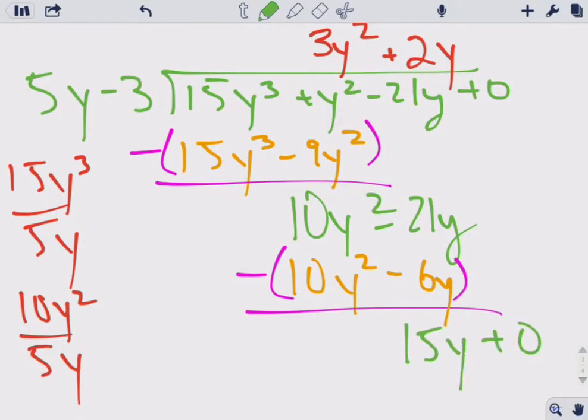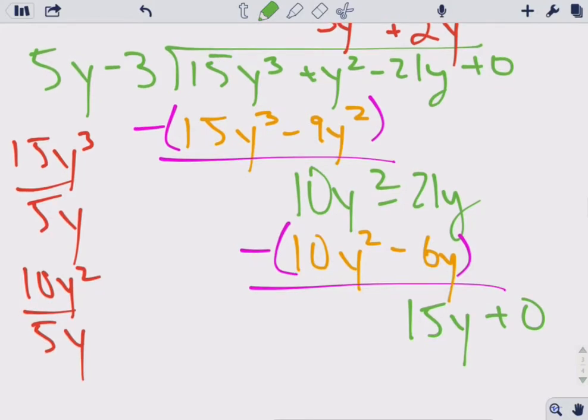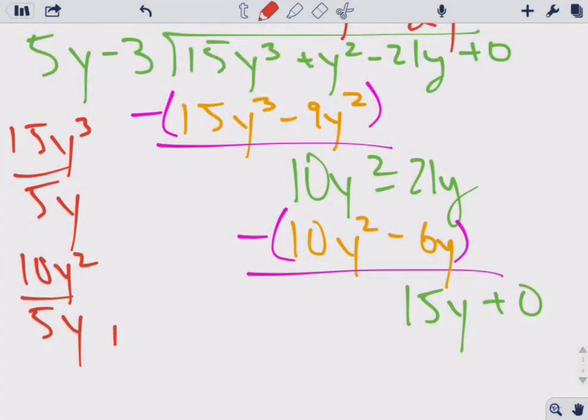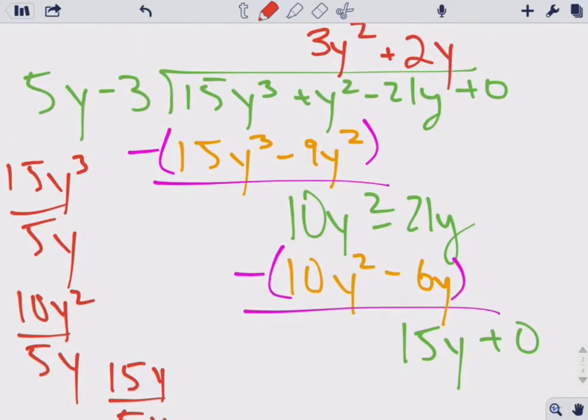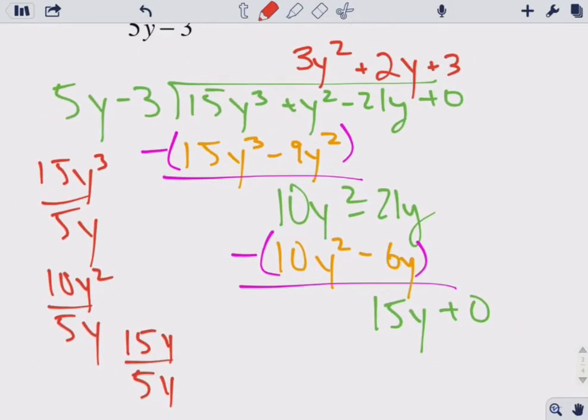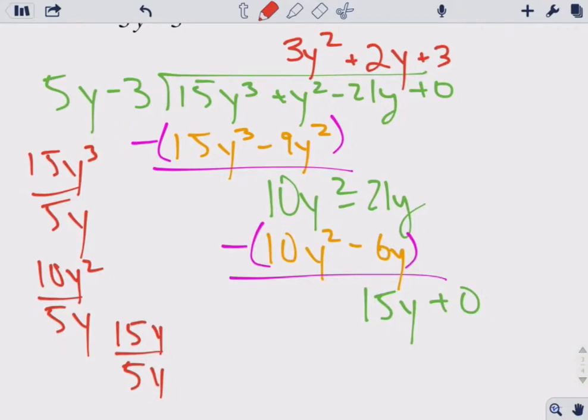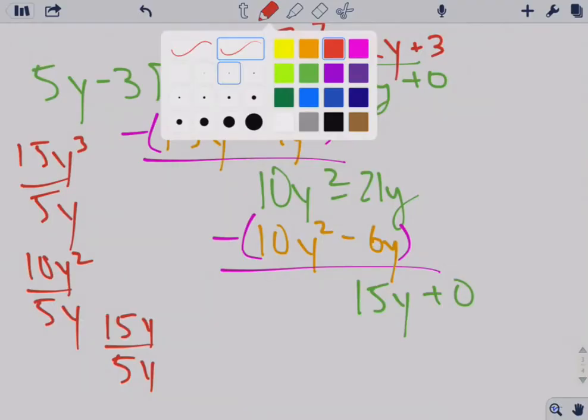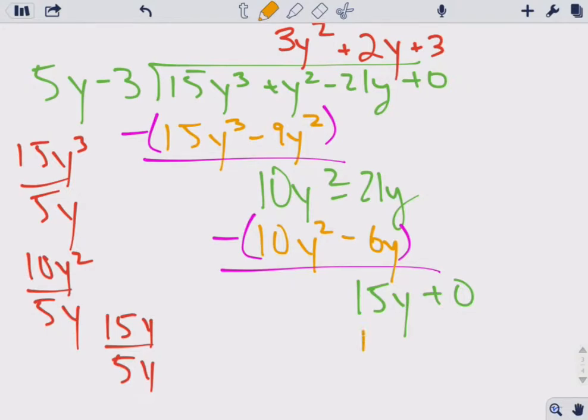Bring down the 0, and I do negative 15y divided by 5y, which gives me negative 3. I multiply that negative 3 times all of this stuff, and now I get negative 15y plus 9. Then I subtract going down, and that leaves me with a positive 9.